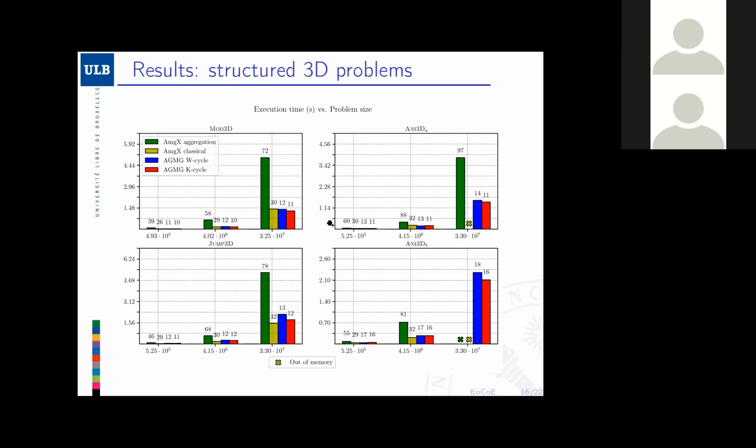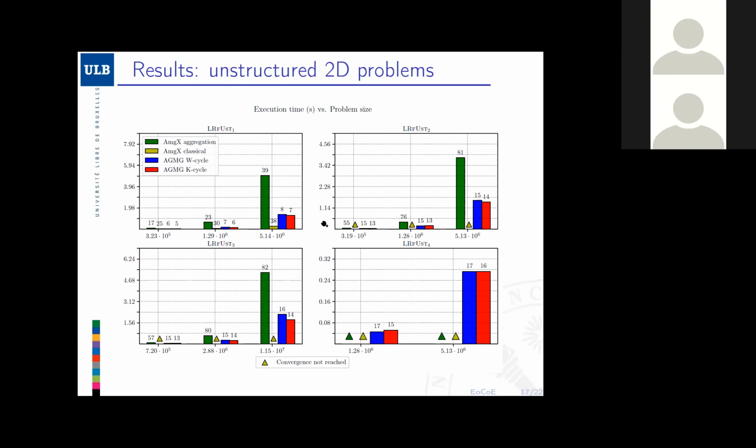Then we continue with unstructured problems, and here we see quite different results. AMGX is also faster in the first problem.